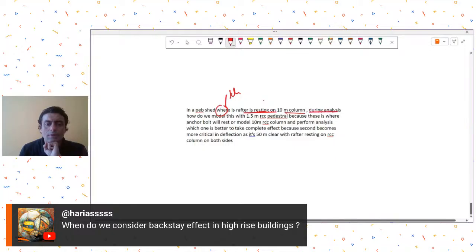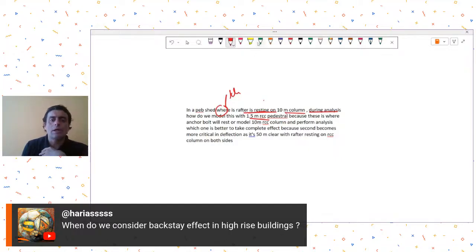During analysis, how do we model this with a 1.5 meter RCC pedestal, because this is where the anchor bolt will rest, or model the 10-meter RCC column and perform analysis? Which one is better to take the complete effect? Because the second becomes more critical in deflection.